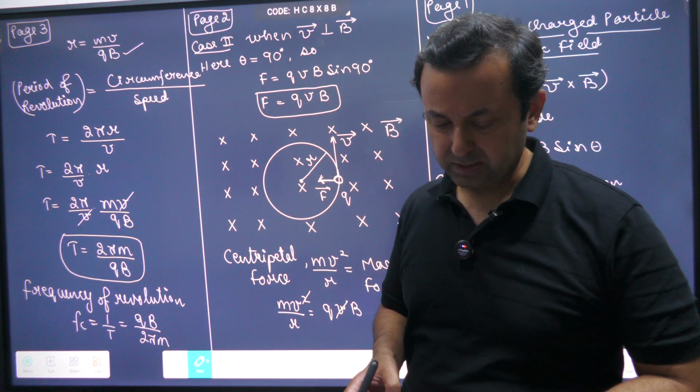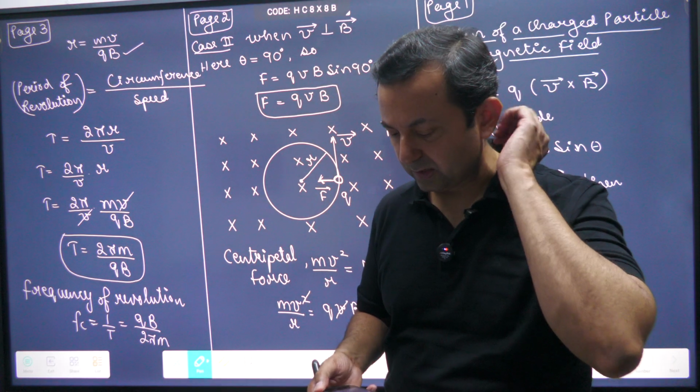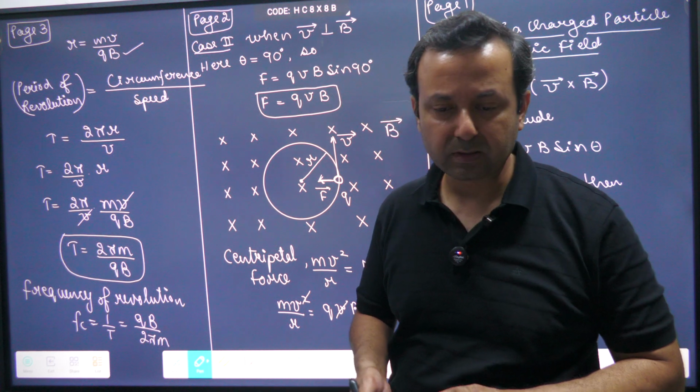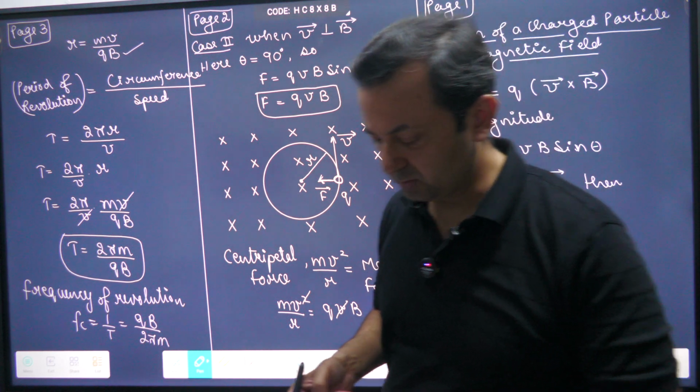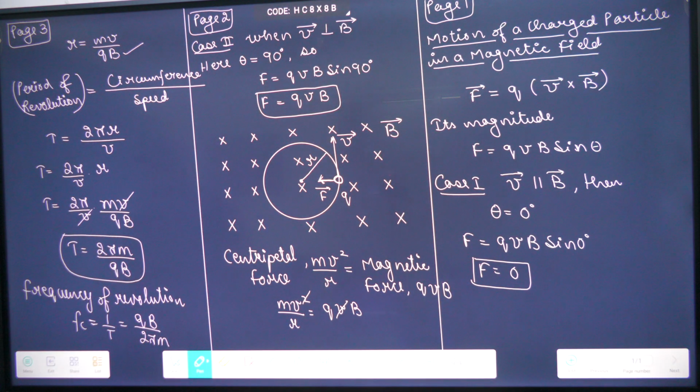Now we will do case number 3, when the initial velocity makes an arbitrary angle with the field direction. I am going to switch to the next slide. Case number 3.